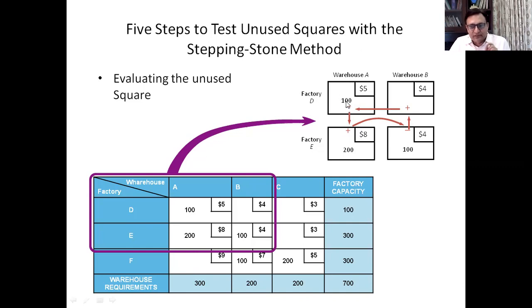Similarly, if 1 unit is deducted from DA, then we have to add 1 unit to EA. Similarly, if 1 unit is added to EA, then we have to deduct 1 unit from EB. So in this way, plus minus signs have been put up.